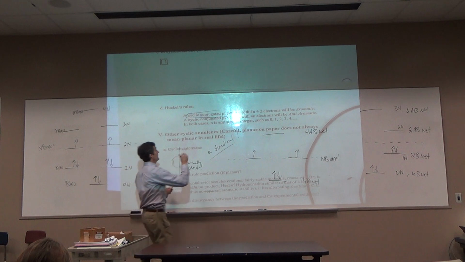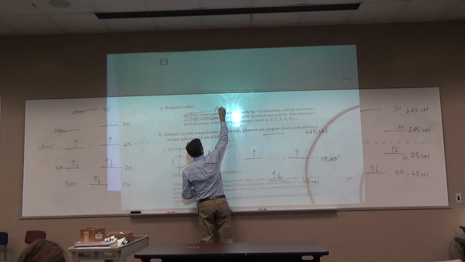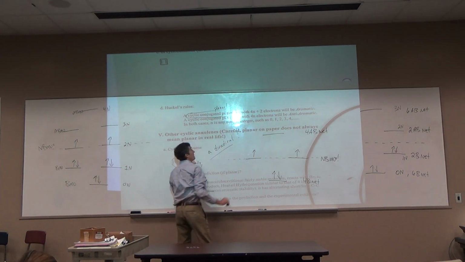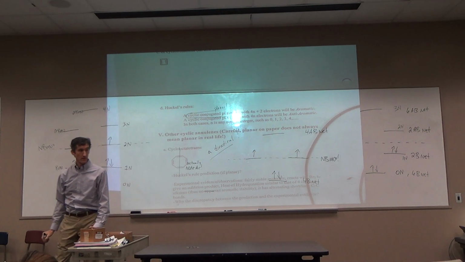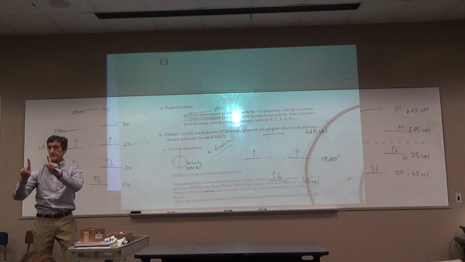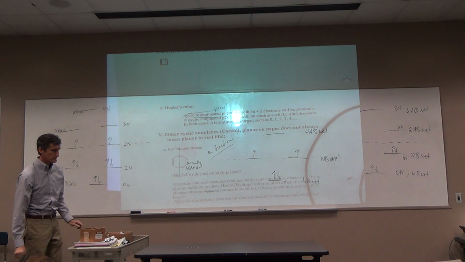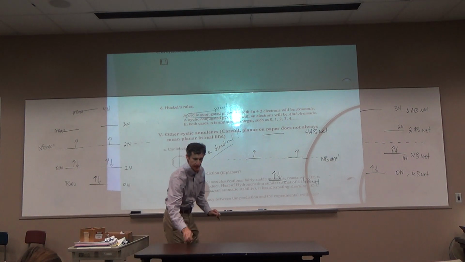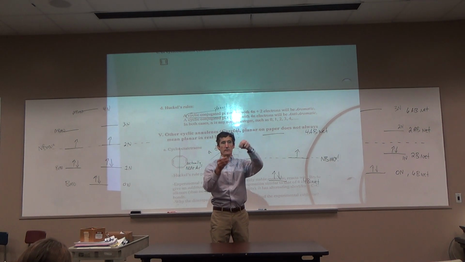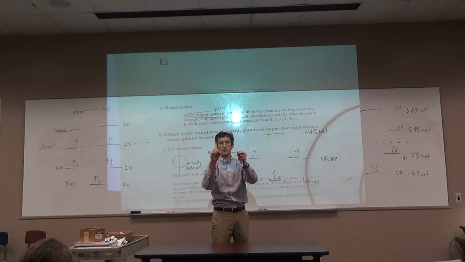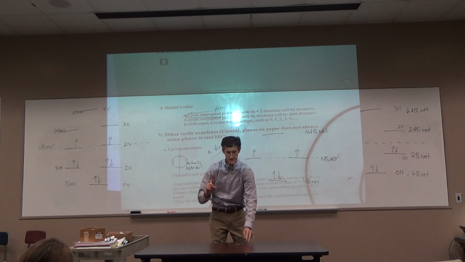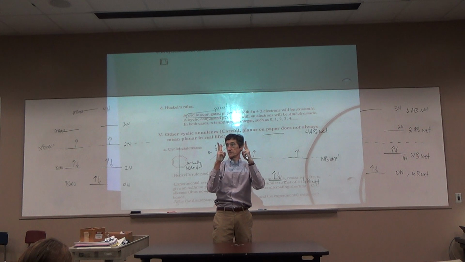Benzene is planar. Okay? And each carbon has a p orbital sticking up. Imagine there's 4 p orbitals.